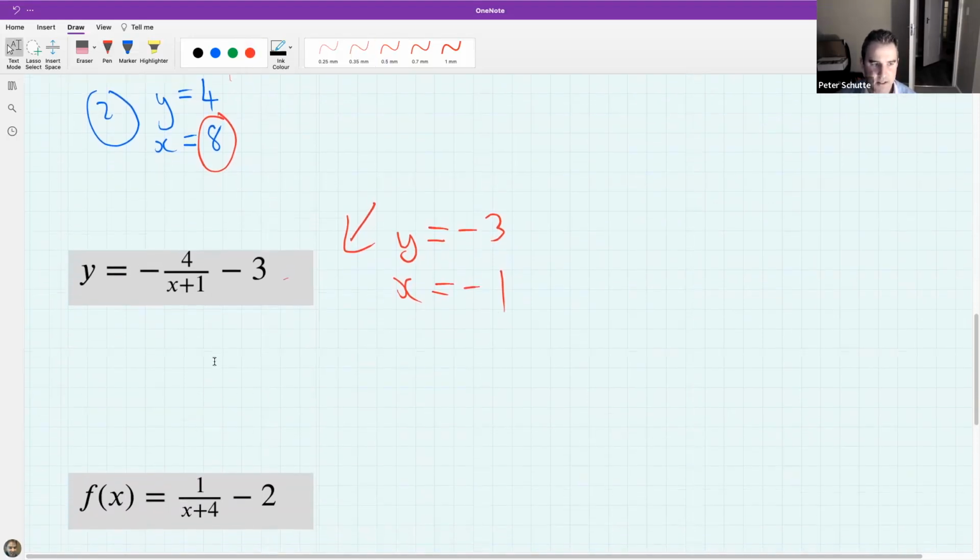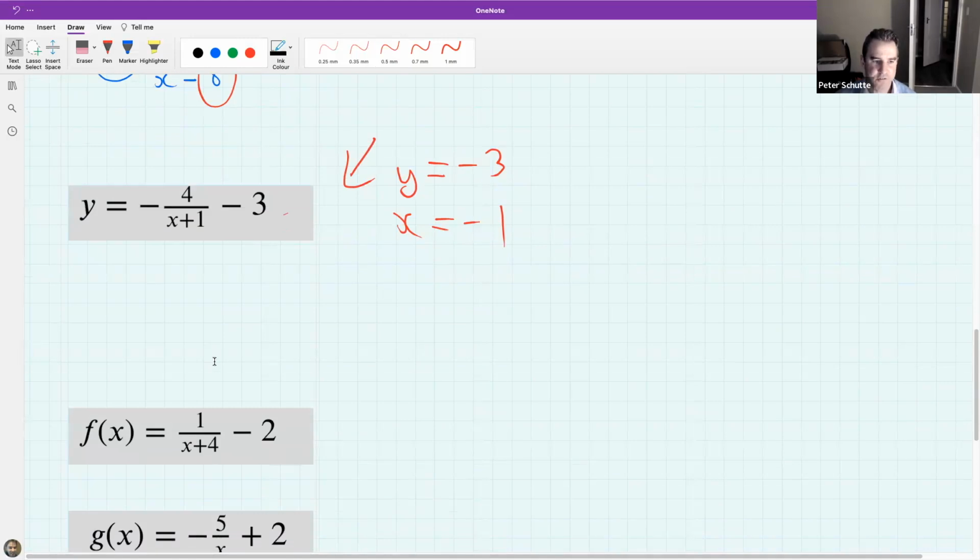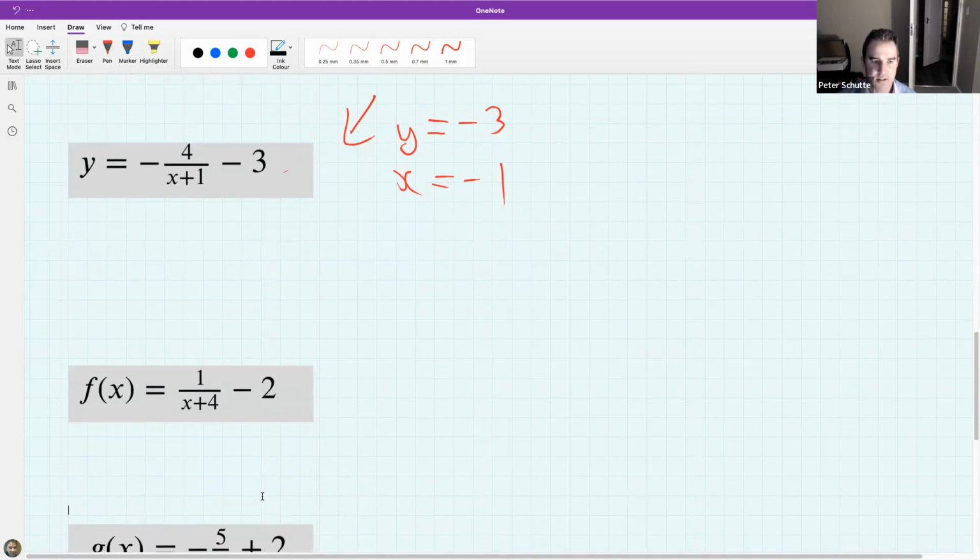Let's do another one. What about f? If I ask you to find me the asymptotes of f, what are the asymptotes of f going to be? It's going to be y is -2 and x is -4.